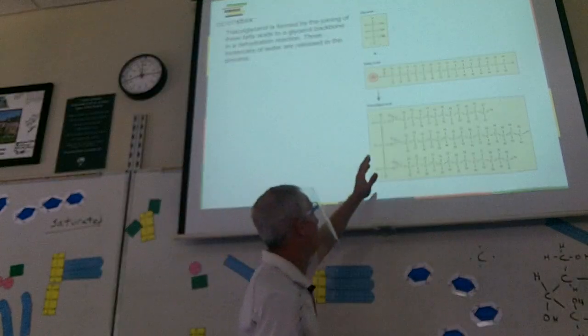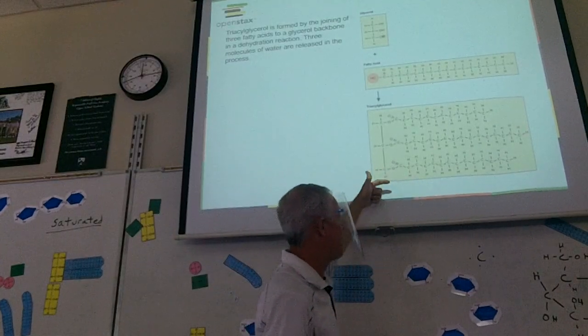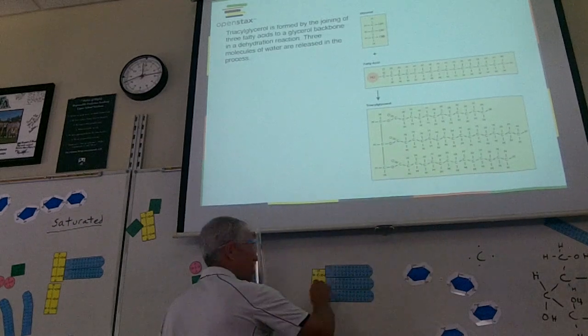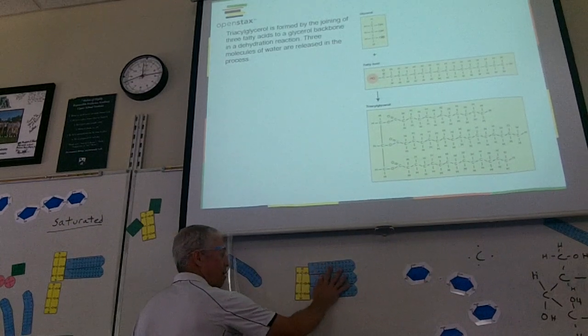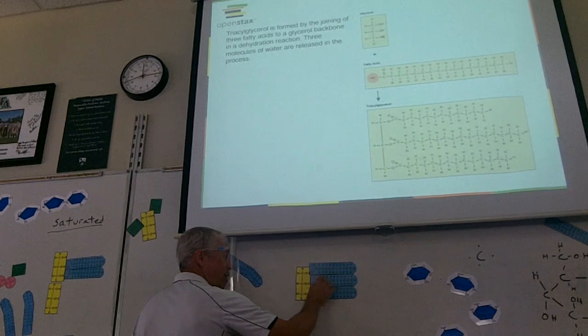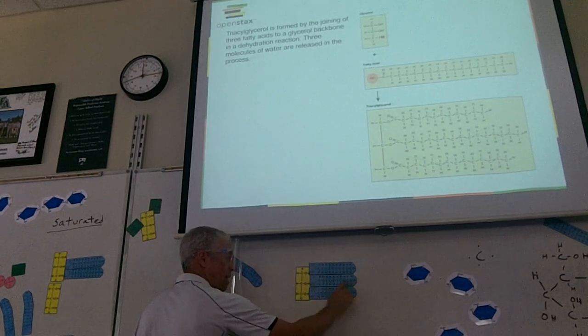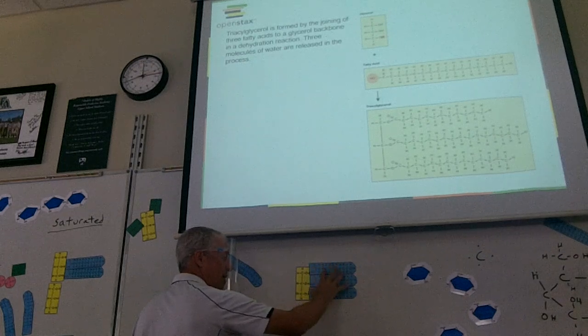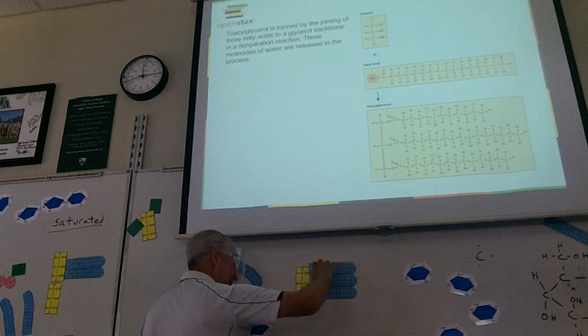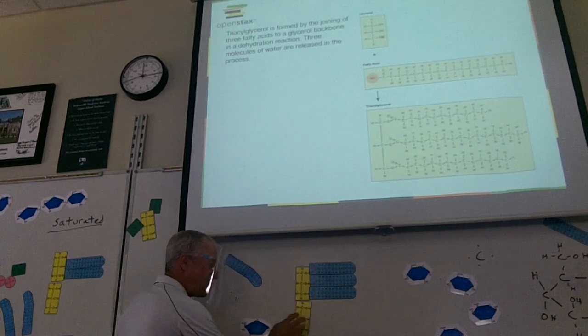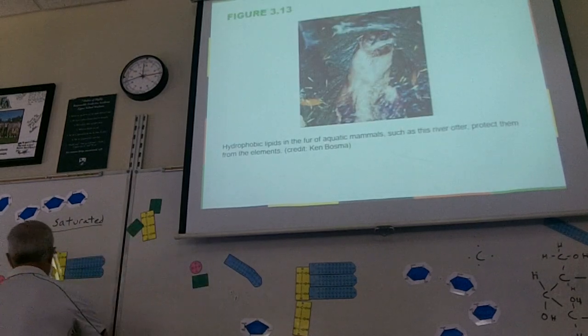This is a triglyceride that has all straight chains, and when you have saturated fats, like this is a saturated fat, all single bonds, it's nice and compact. If you put another fat next to it, let me put another fat next to it.